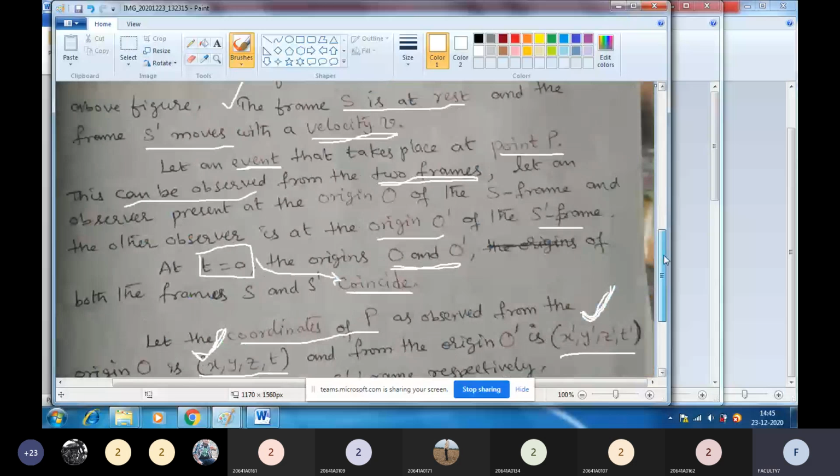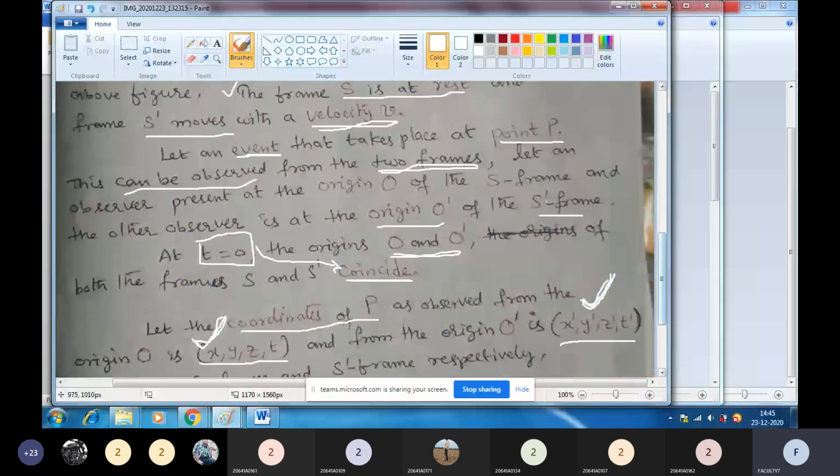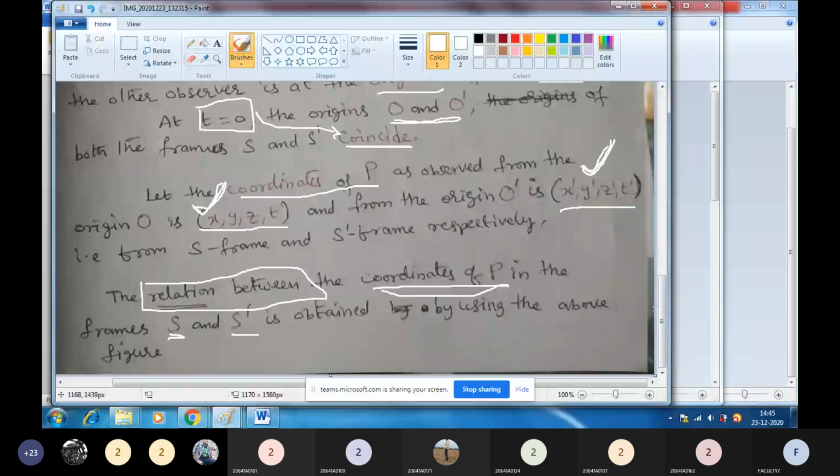Regarding the S frame, you get XYZ. Regarding the S prime frame, you get X prime, Y prime, Z prime. Thereafter, you got the relation between both the coordinates.